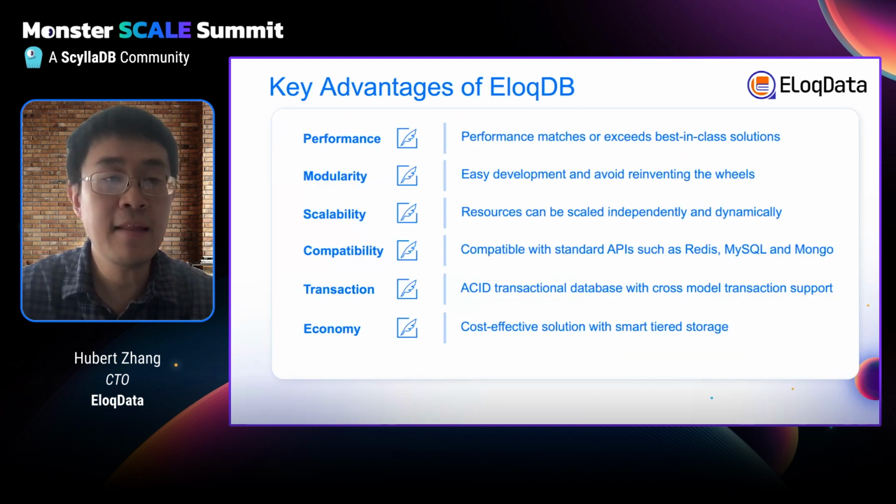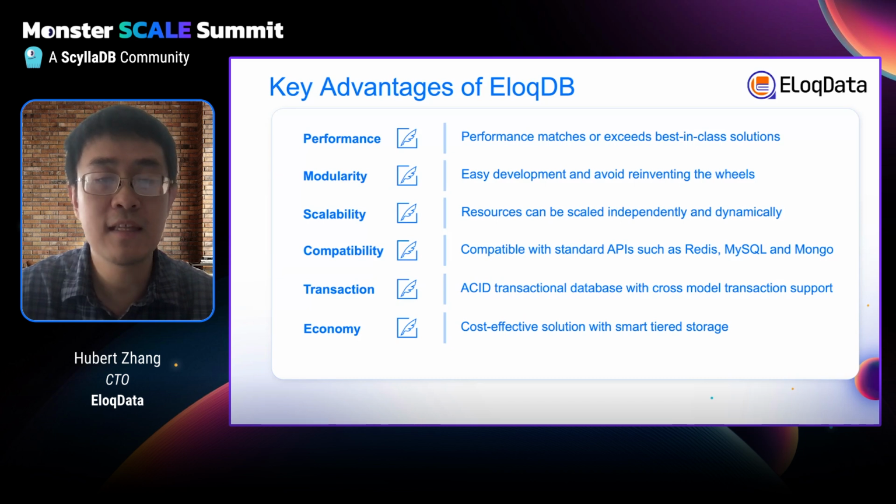We can get many key advantages from the previously mentioned architecture. The first is performance. The performance built with this architecture can match or exceed the best-in-class solutions in many scenarios. The second one is modularity. We avoid reinventing the wheel to reduce the cost of building new data models.